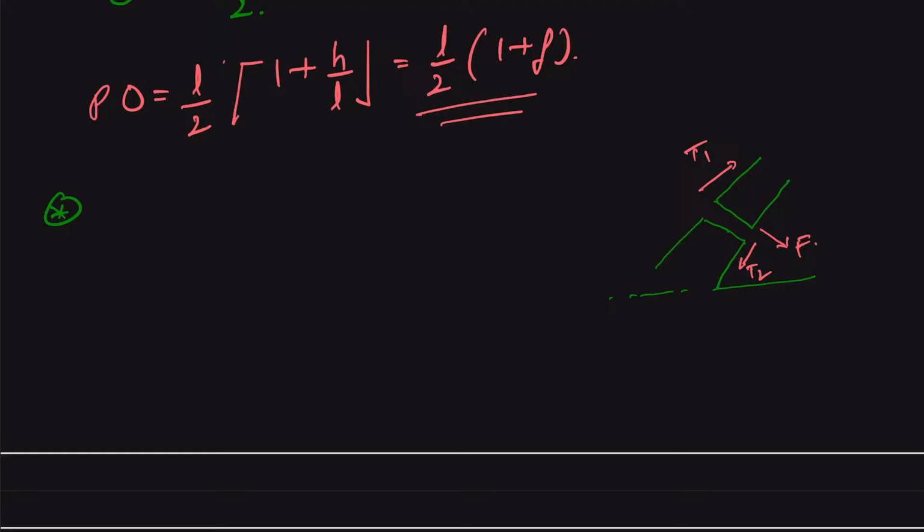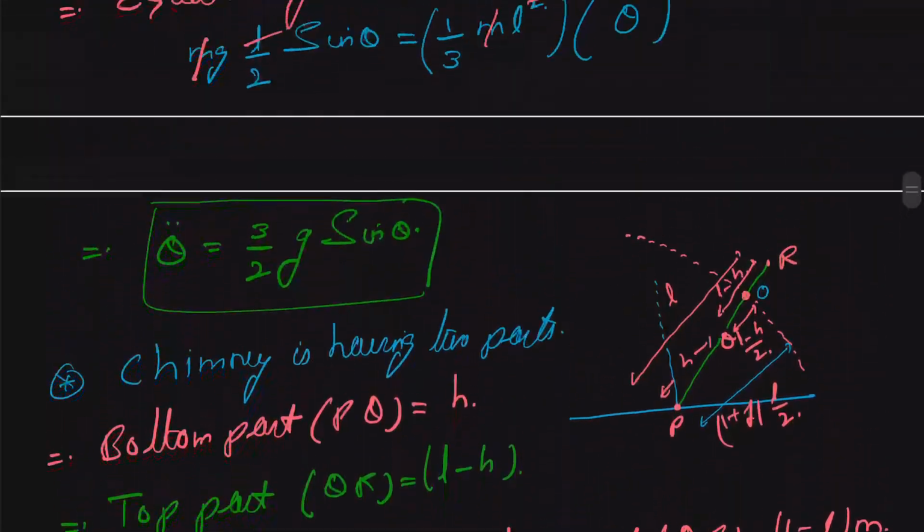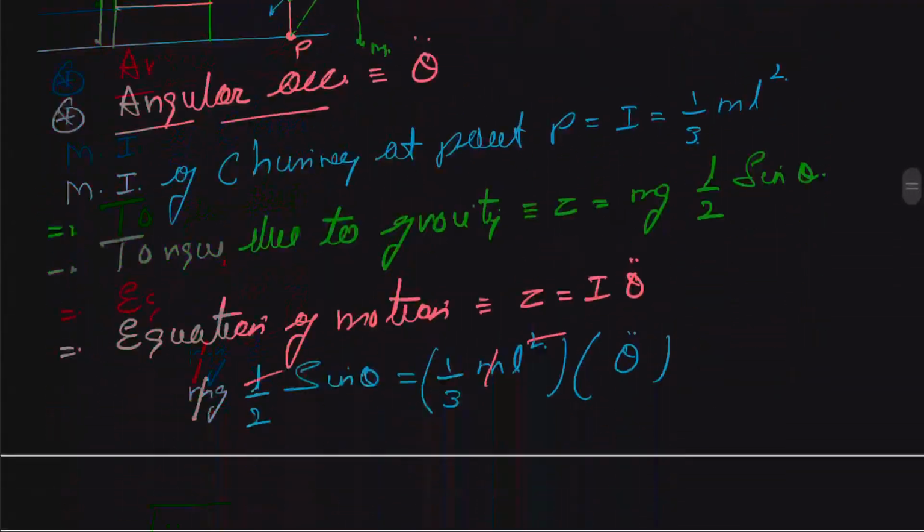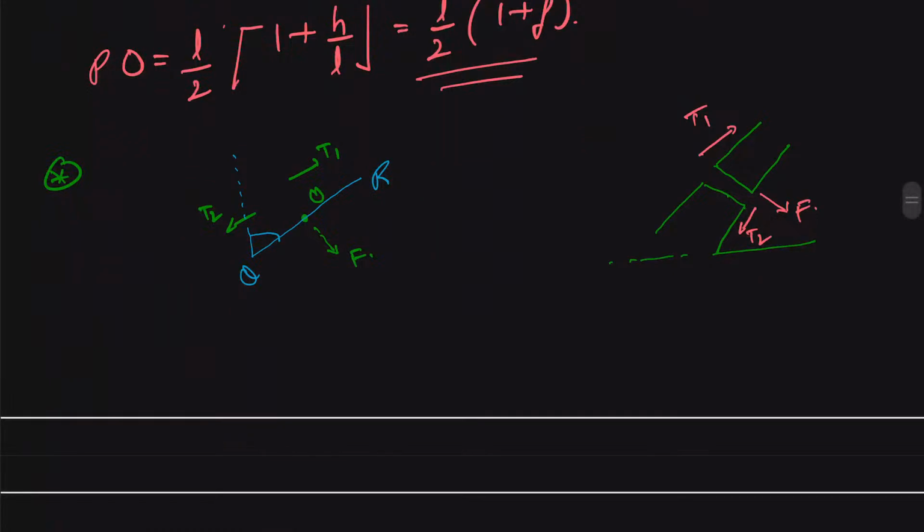So we have this upper part, this is our Q and this is our R, and the center of mass of the upper part is our O. There will be two tension forces, T1 and T2, and there will be a force F that will be perpendicular to it, and the angle which this top part makes with the vertical is theta.